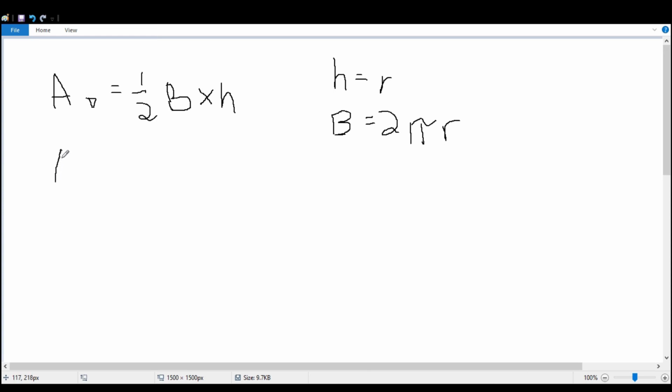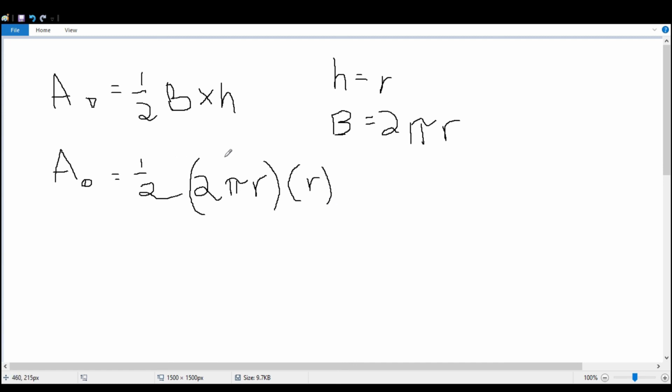Now, if we put that into this equation, the area of a circle instead is equal to 1/2 times our base, so that would be 2 pi r, and then we put in our height, which is r.